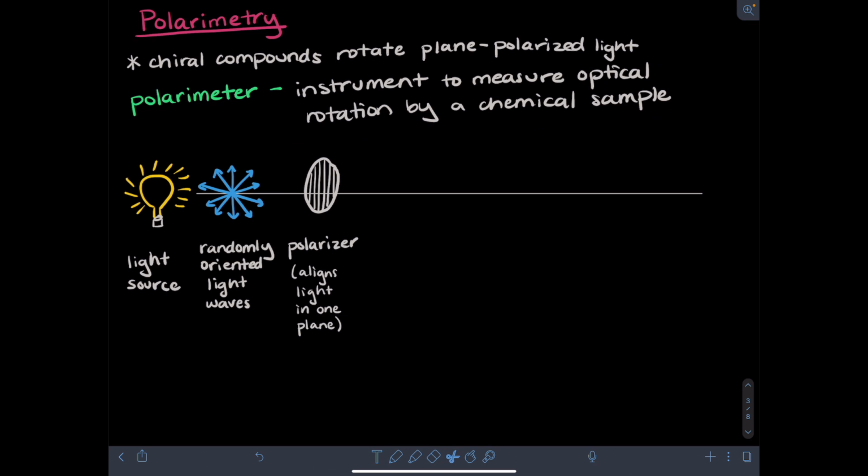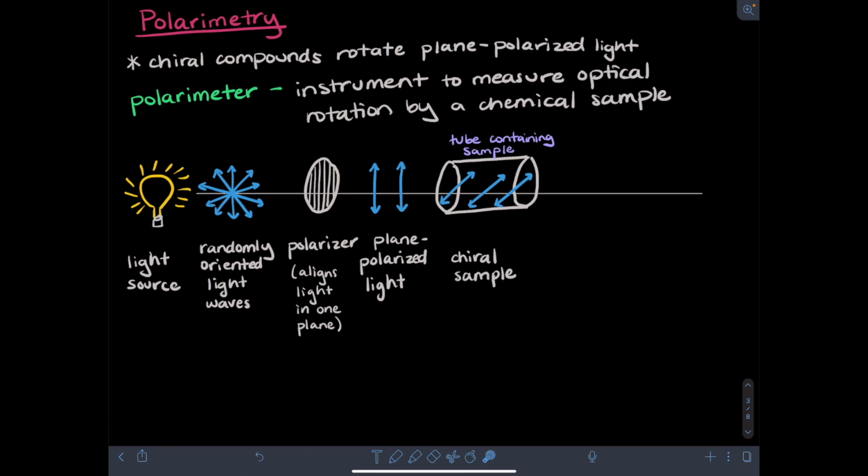This polarizer aligns the light waves in one plane, and the light waves that aren't aligned along this plane do not pass through it. After the light has come through the polarizer, we would call it plane polarized light. And notice only those vertical light waves passed through this particular polarizer.